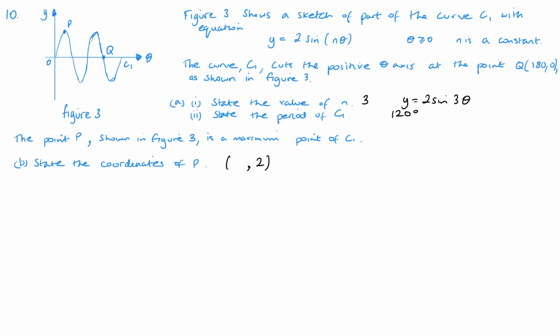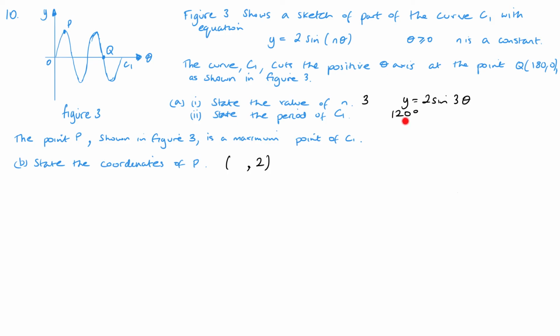And we could work it out from here. We could think about our 120 degrees and what that normal point would be, and remember then we're just effectively dividing by a third. So, you know, in a standard graph, which is between say 0 and 360, P would be at 90 degrees.